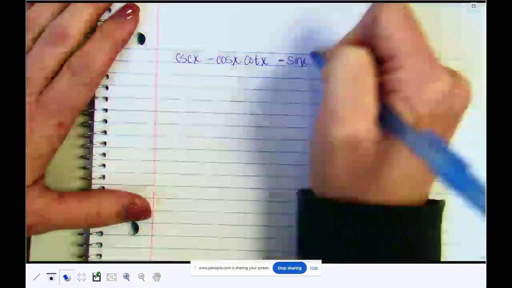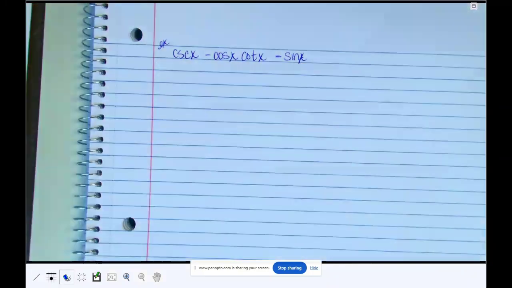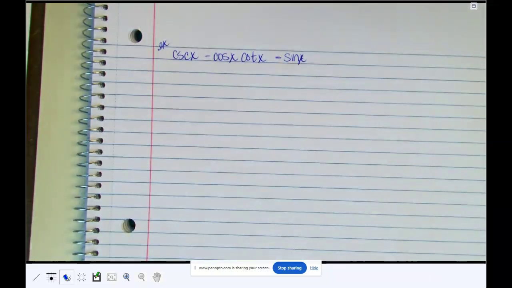Okay, that's an X. Okay, what do you want to do here? That's the equals, by the way, not a minus on the end. It's equals sine x.